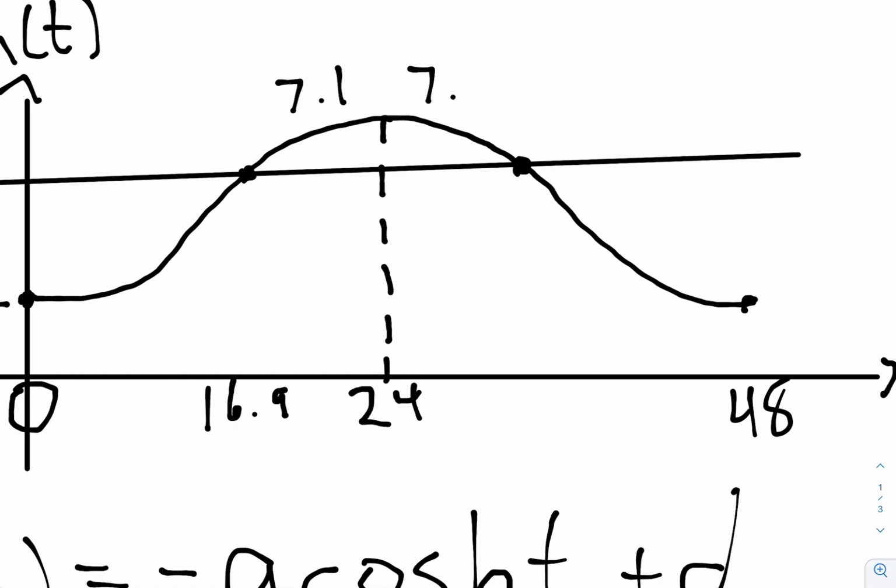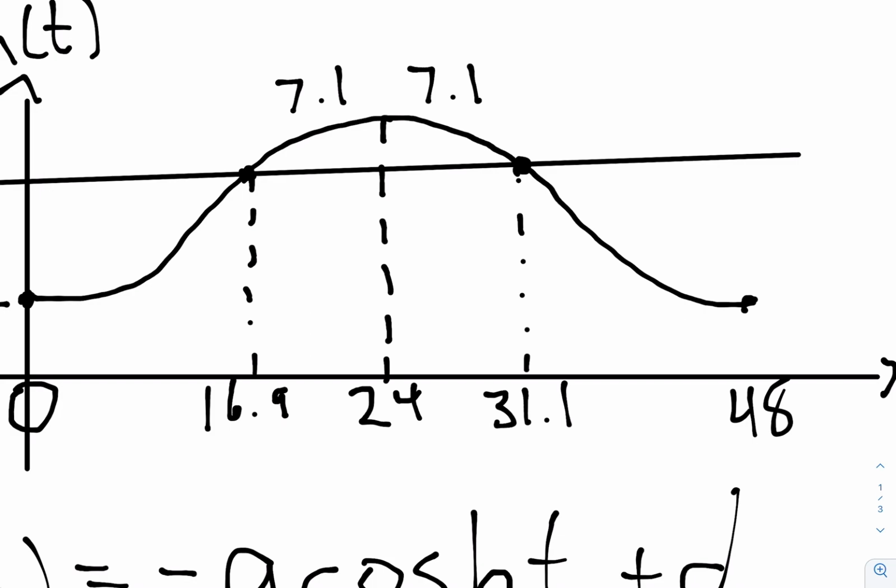That must mean that this is also 7.1 seconds. So if we go straight down, this is 16.9. If we go straight down from here, this is going to be 24 plus 7.1. So it'll be 31.1. So these are the 2 times in which she's 18 meters off the ground.